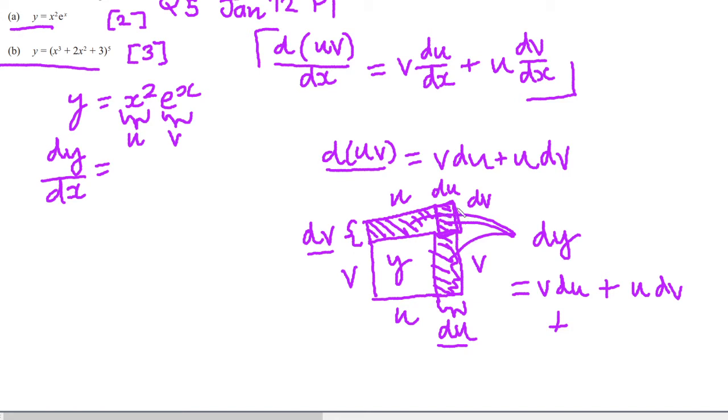It's only a square if du and dv are exactly the same, but for the purposes of this question, that doesn't matter.